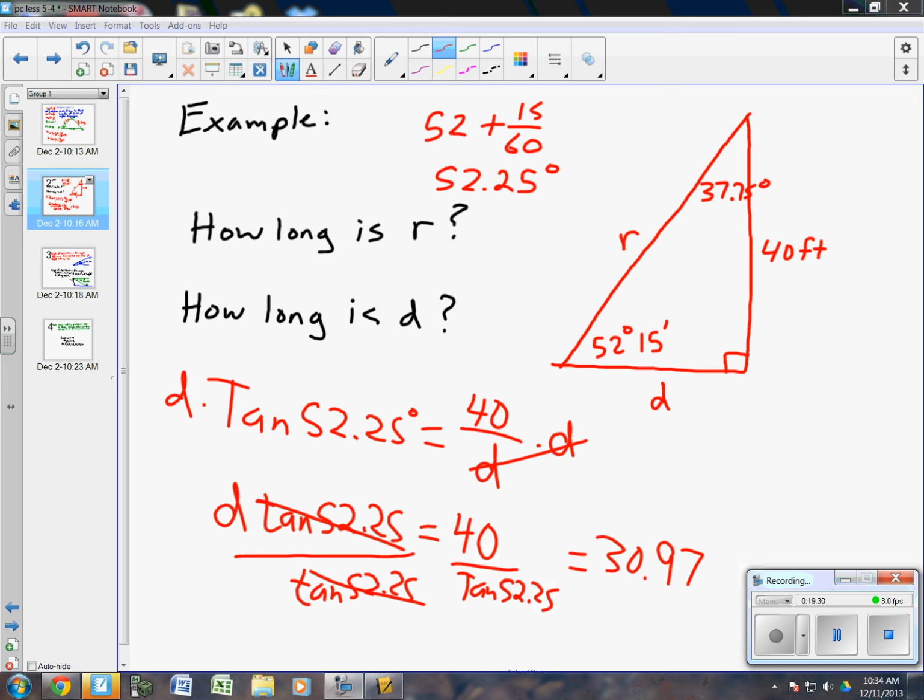Hey, by the way, from here, you could have also used the cotangent. Cotangent of 52.25 equals adjacent over 40. So you would have 40 times the cotangent of that equals D. But you have to remember, cotangent's not on your calculator, so you'd have to put 1 over it anyway. So you'd end up putting the same thing in the calculator.